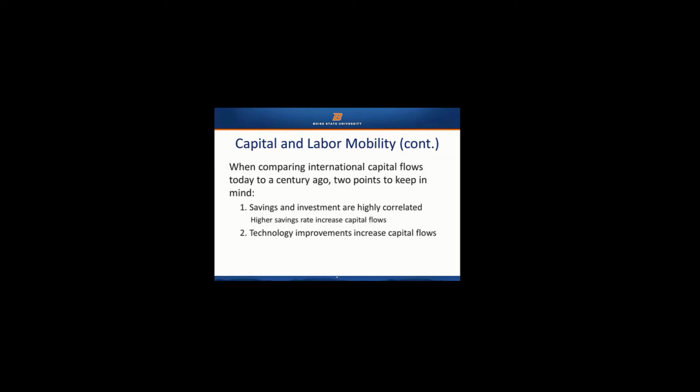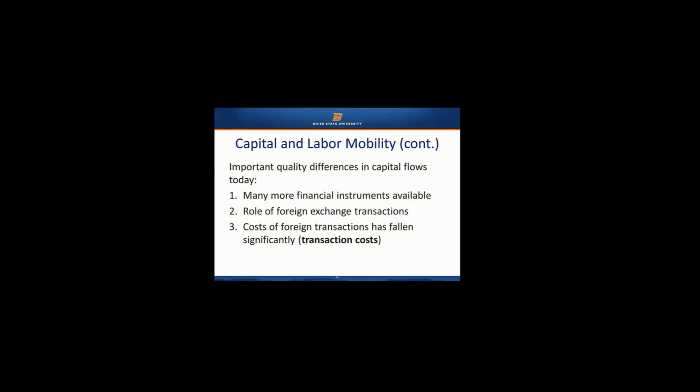Technology has improved over time, so that's tended to increase capital flows. And further, relative to what there was before, there's a lot more types of financial investments and instruments available, a lot more foreign exchange transactions. And when we get into the foreign exchange markets, we'll see that the largest markets in the world are foreign exchange markets.